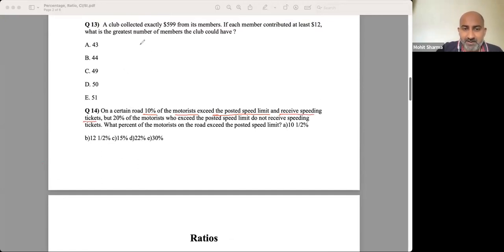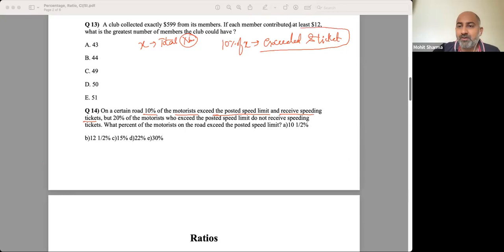So let's say X is the total number of motorists. 10% of X exceeded the limit and got a ticket as well. They exceeded the speed limit and got a ticket. That's what is given to me.